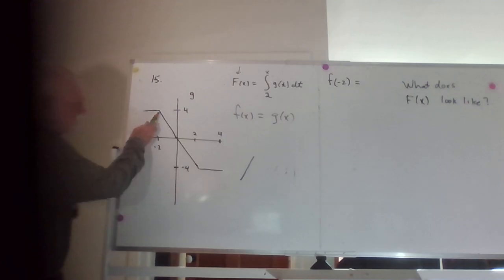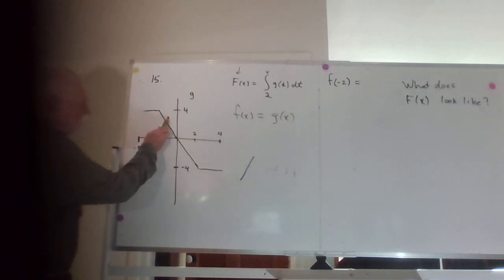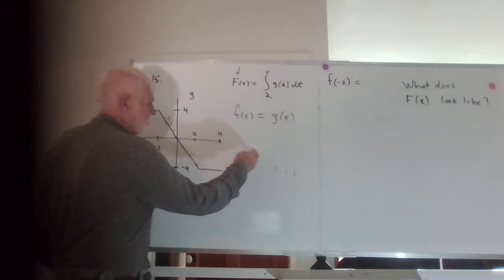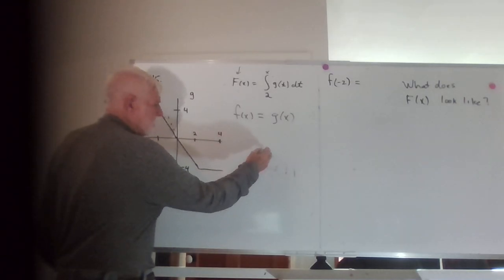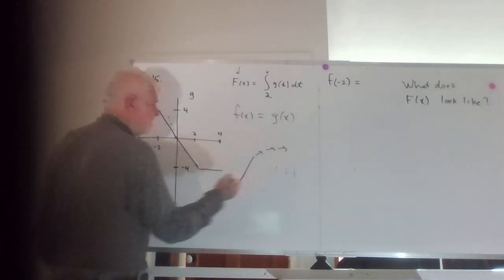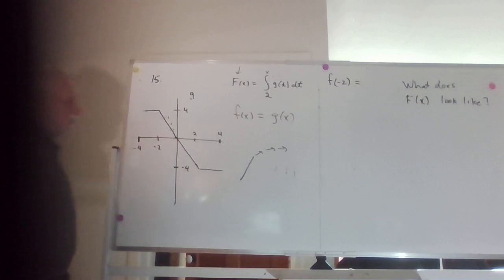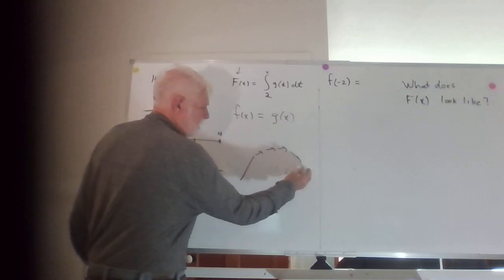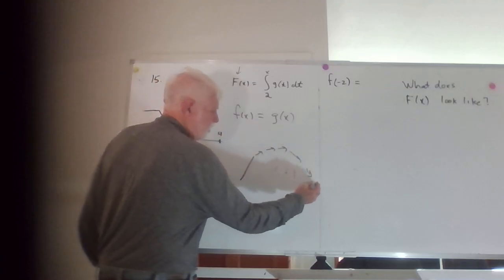And then what happens to these slope values? Well, it becomes 3, becomes 2, becomes 1. Right? So instead of going up at 4 to 1, it's 3 to 2 to 1, and then it's 0. And then what? Minus 1, minus 2, minus 3, minus 4, and so on and so forth.